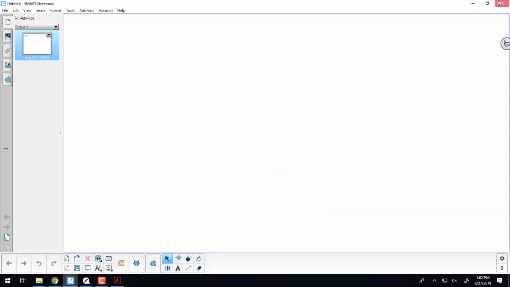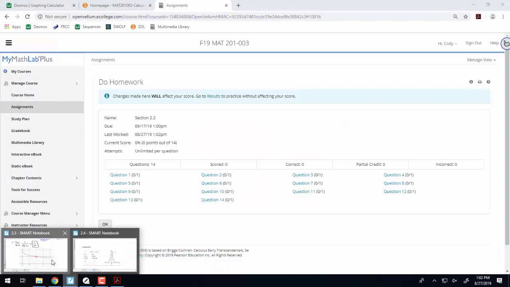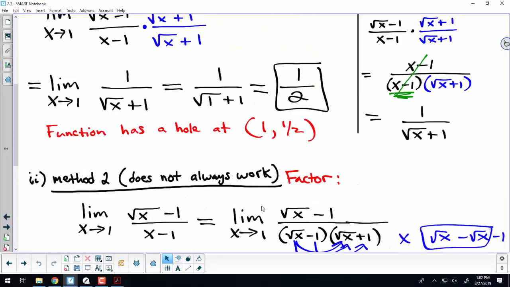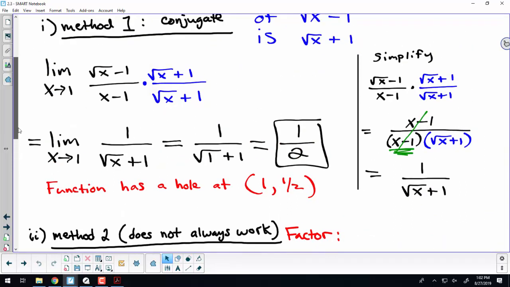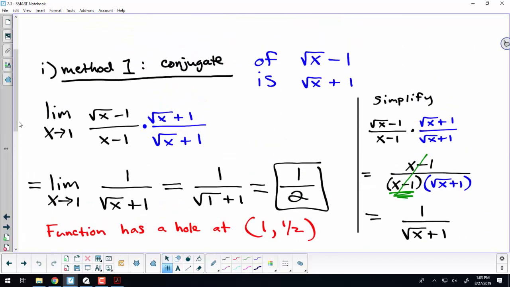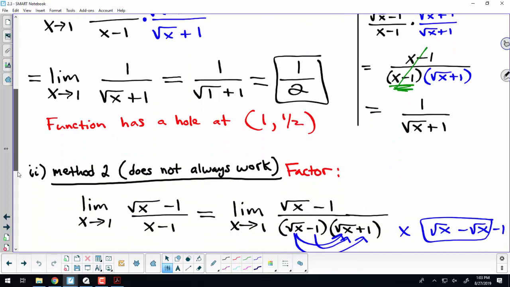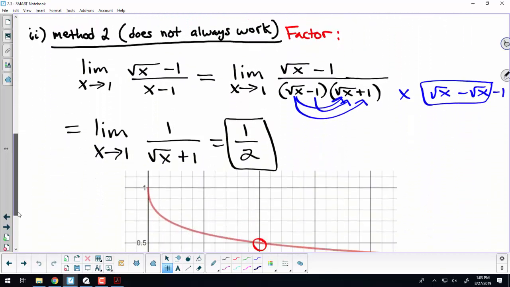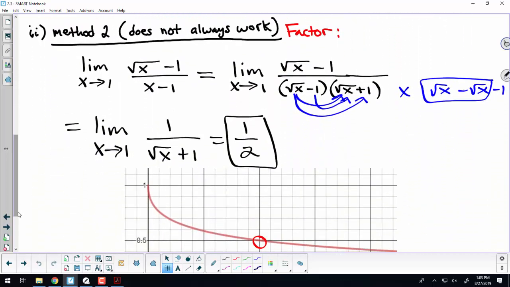So, yeah, any other questions on the homework? We're still in 2.3, and we looked at this particular example in two ways. One, the conjugate method, which is the general approach typically when you have radicals involved and you're trying to simplify expressions involving radicals. And then we looked at a little bit more efficient way to factor, which doesn't always work.